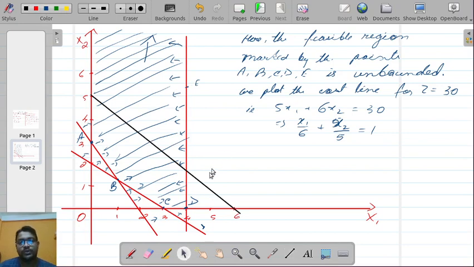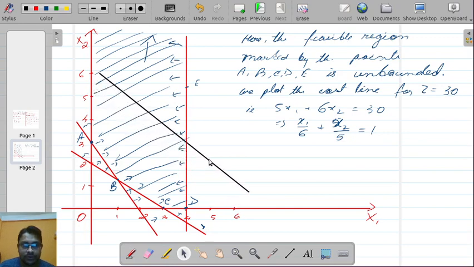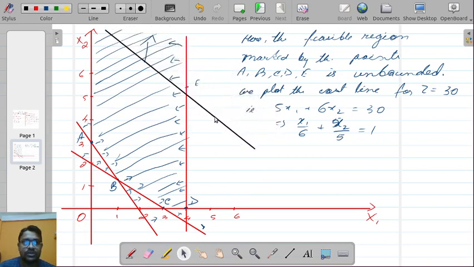Next, our idea was to move the cost line parallel to itself, in such a way that for a minimization problem, it should be at a minimum distance from the origin. For a maximization problem, it should be at a maximum distance from the origin. If this were a maximization problem, we would move the cost line this way, and it would never leave the feasible region, because the feasible region itself is unbounded.